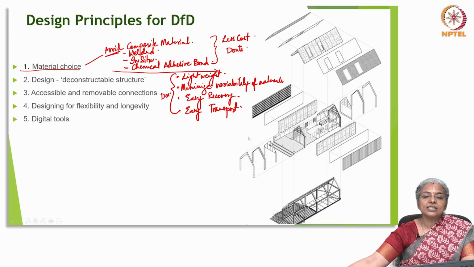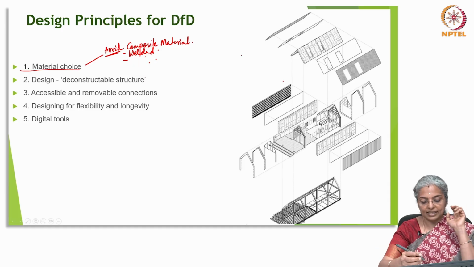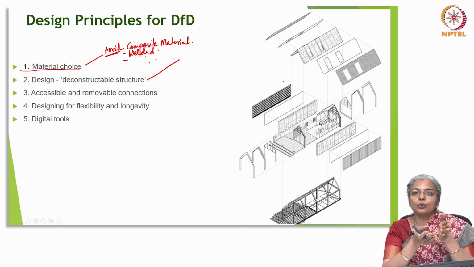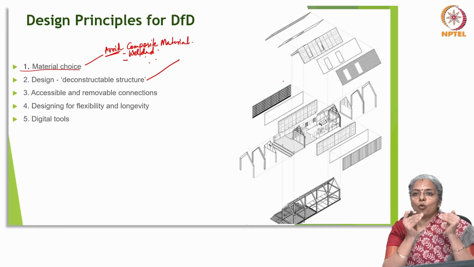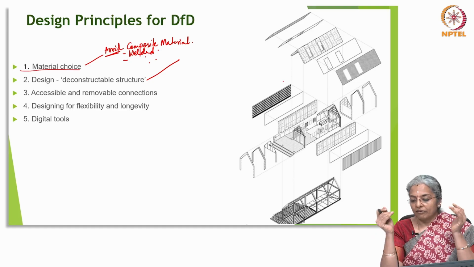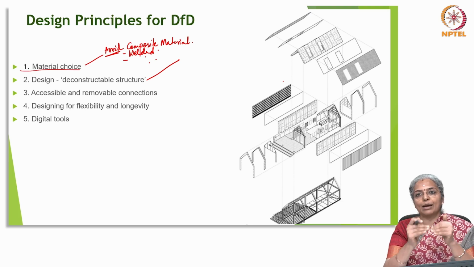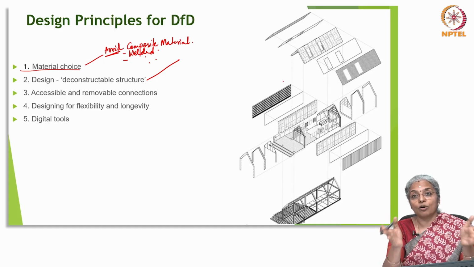Then the next is you should start designing for a deconstructible structure. So, designing a simple open span structure which focuses on flexibility and standardized dimensional grids and components will give the building a longer lifespan.